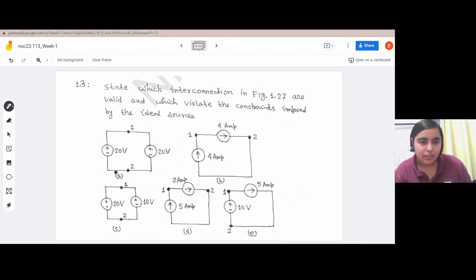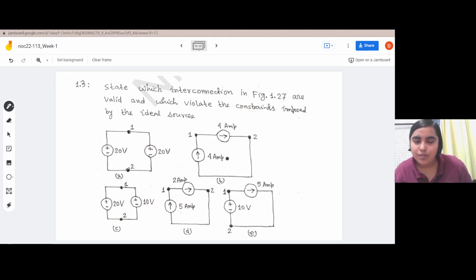Let's go with the first one, A. Is this connection valid? Yes, ma'am, it's a valid connection. Could you comment why? Because both the voltage sources are the same and connected in parallel. Right. They are connected across the same terminals, and since they are in parallel, their voltage is the same.